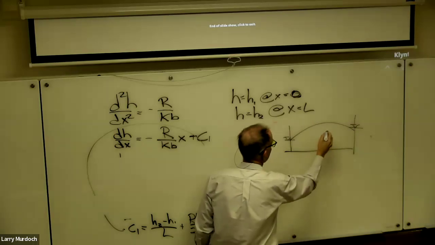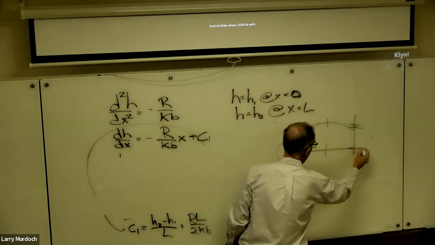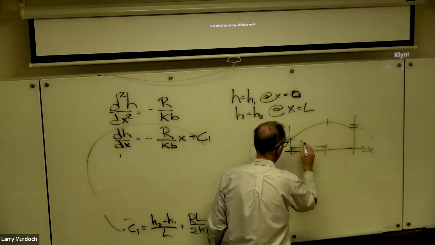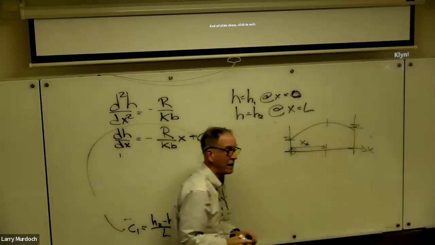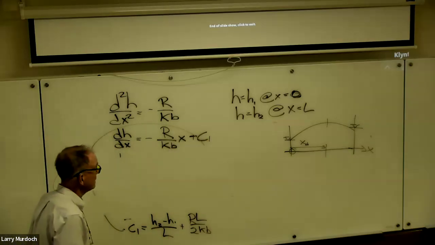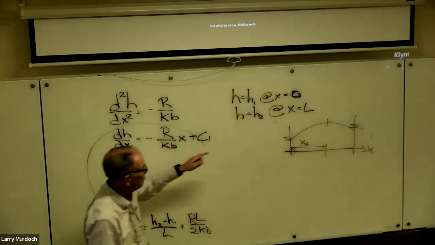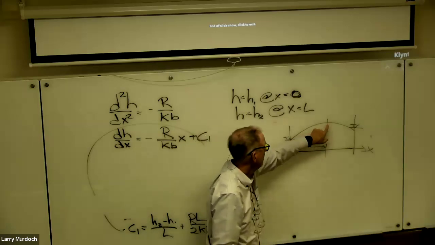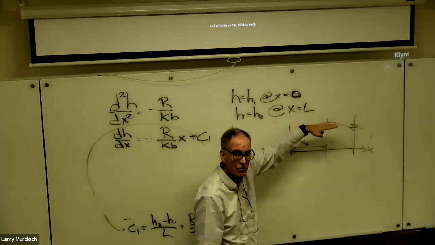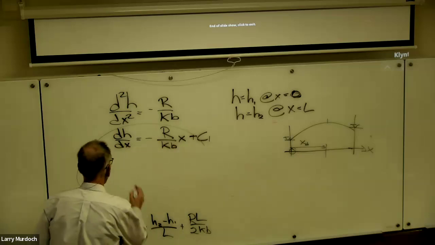We have this situation, this is the divide, and what I'm going to do is say that there's X, and this distance to the divide, I'm going to call it X of D. So the distance to the divide, we'll determine that by saying that at this point here, the slope of the hydraulic head is equal to 0. Okay, that'll be the characteristic of a divide.